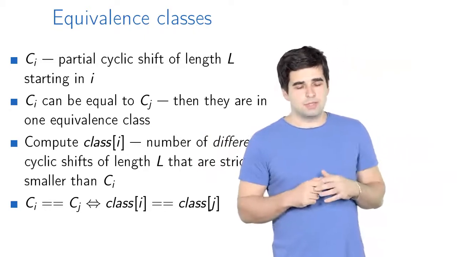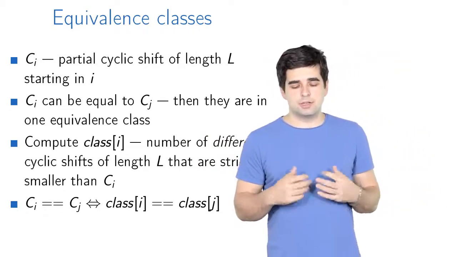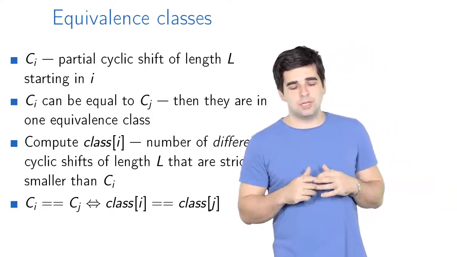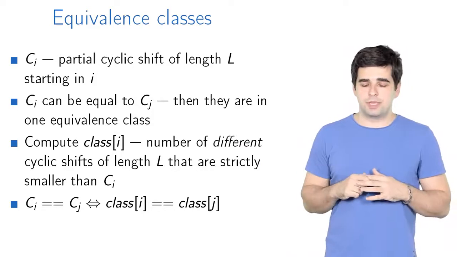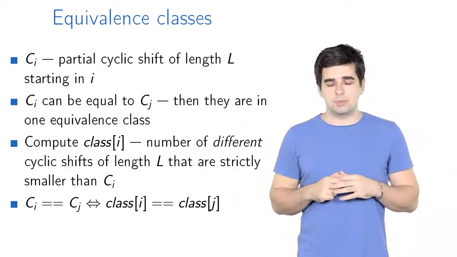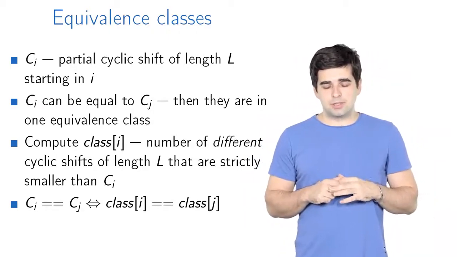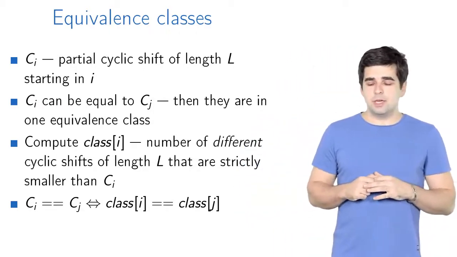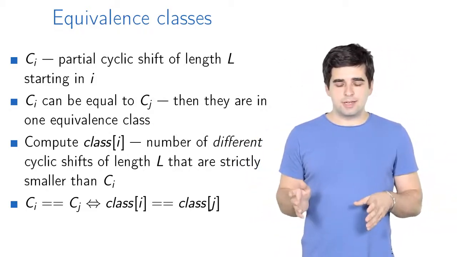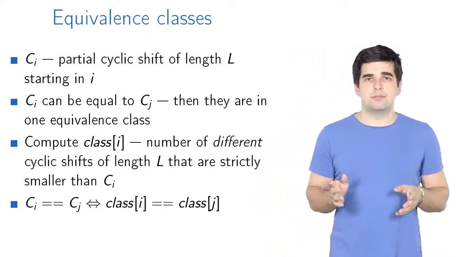Some of the cyclic shifts starting in different positions can be equal. So C_i can be equal to C_j, and then they should be in the same equivalence class. To assign equivalence classes, we define the array class, and class[i] is equal to the number of different cyclic shifts of length L that are strictly smaller than the cyclic shift starting in position i.